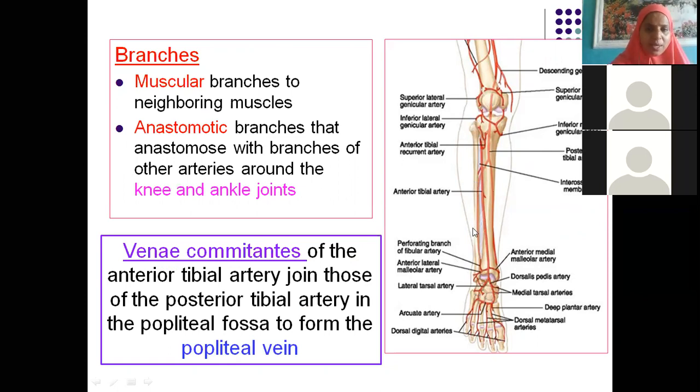We had two veins on either side of it. We know it is venae comitantes. But we should go in reverse direction for venous drainage. So the venae comitantes will join and they will drain into popliteal vein. Popliteal vein will drain into femoral vein. Femoral vein will drain into external iliac, then common iliac, then inferior vena cava. Venous drainage in reverse direction. Okay, beta?